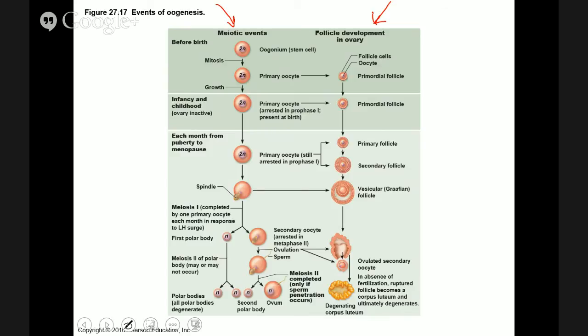Okay, so here's the thing. We have a stem cell here, which is going to undergo mitosis, just like we did before. So we've got 46 chromosomes in this cell here.